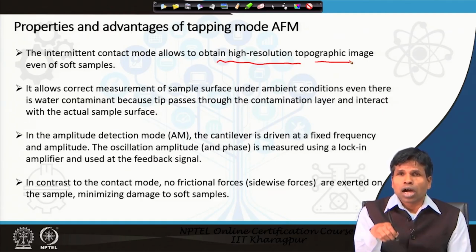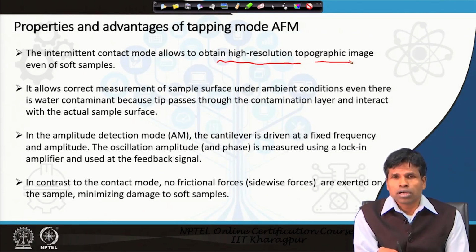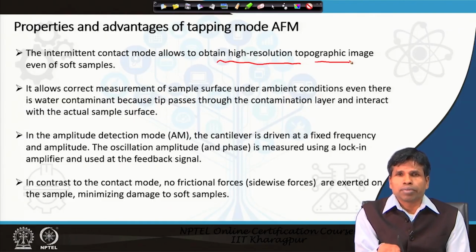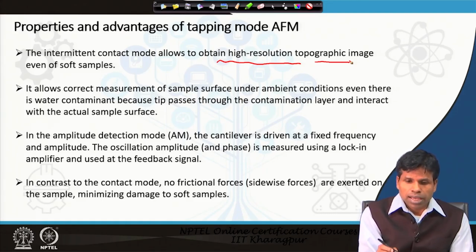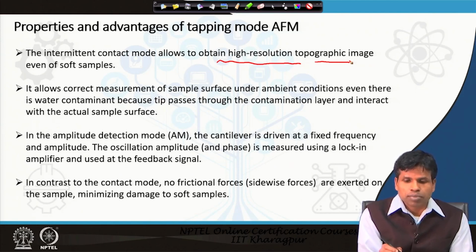But here our tip penetrates into the contaminants and touches, going to the repulsive regime, almost touching or touching the sample, and thereby we are probing the real sample surface, and therefore it allows us to measure the correct, precise sample properties, unlike in non-contact mode.